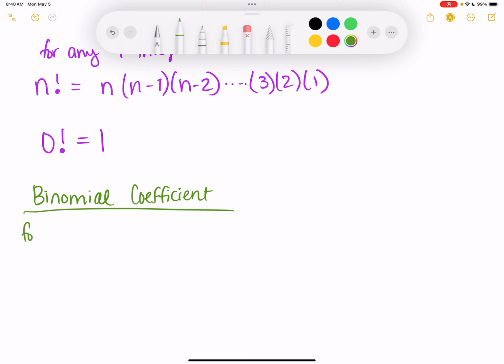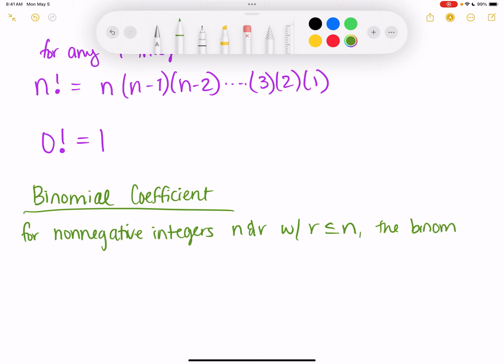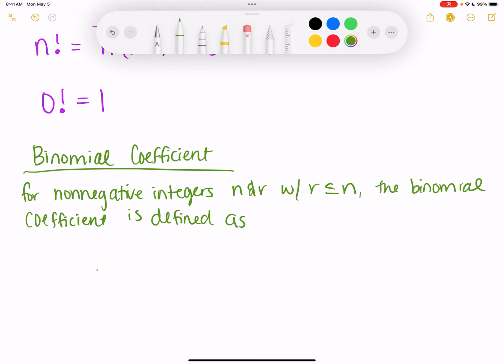But for non-negative integers n and r, with r less than or equal to n, the binomial coefficient is defined as, it's a little n, a big C, and a little r, and that's what it looks like on your calculator.